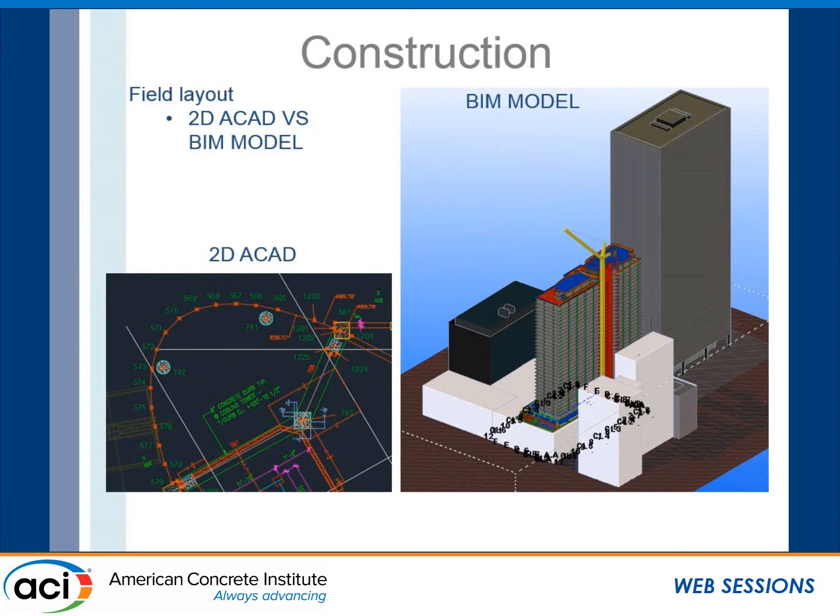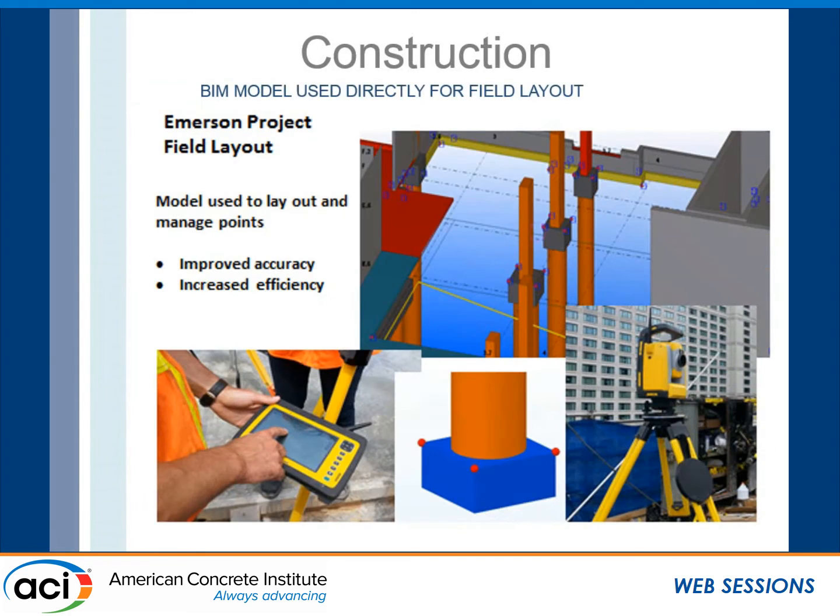Now we're developing 3D BIM models, not only for the initial estimating, but for actual layout and construction, to achieve better coordinated layouts as well as more accurate placement of concrete. We're big fans of the Tekla products and Trimble systems, so we use the Tekla environment to model our building, and then bring that into the field with a total station.